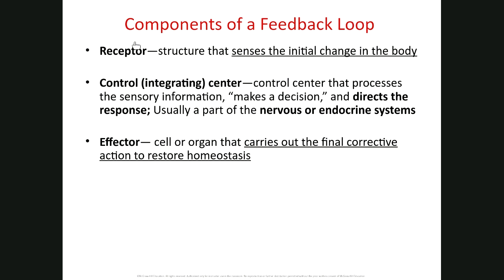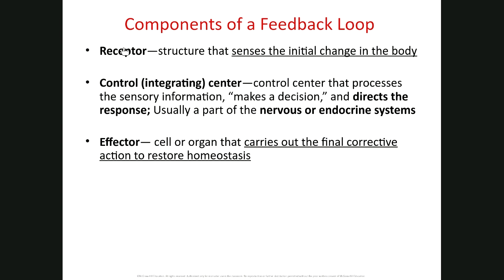So there are three parts, three components to any feedback system. Sometimes the feedback systems, negative feedback, positive feedback, are called loops. Okay, that's because you're going from start to finish. Basically, it's like a circle loop. So very important that you know, this is a very important slide because your three components to any feedback system are listed here.